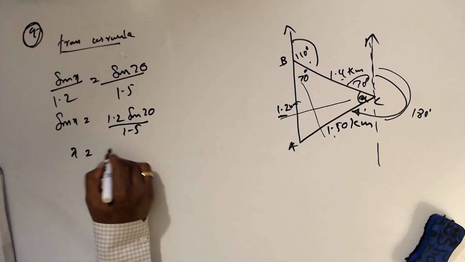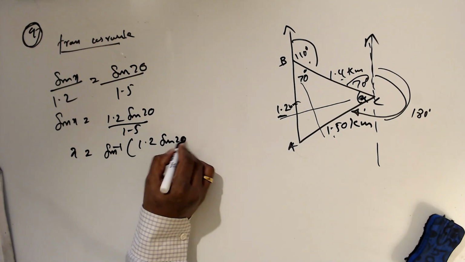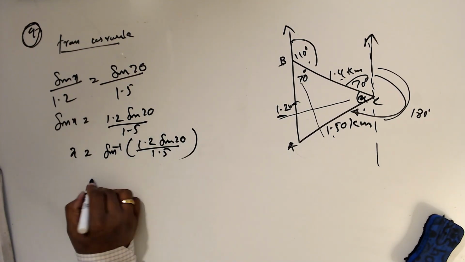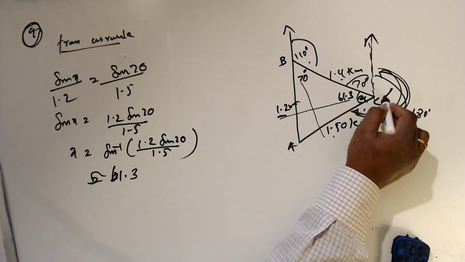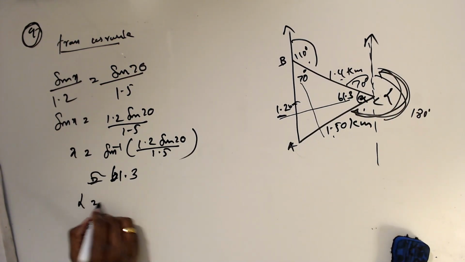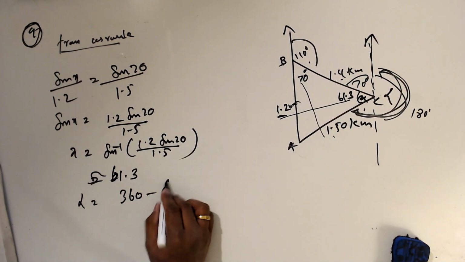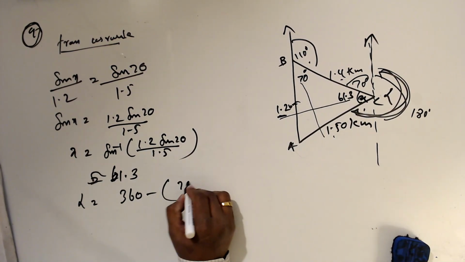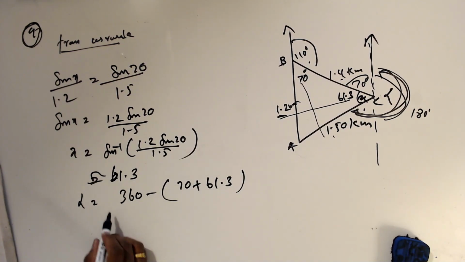So x equals sine inverse. Now we'll take this angle as alpha. So alpha equals 360 minus 70 plus 61.3. 61.3 approximately.